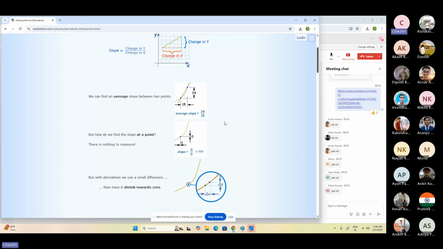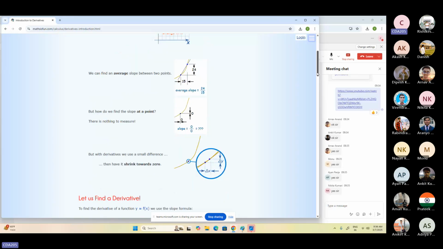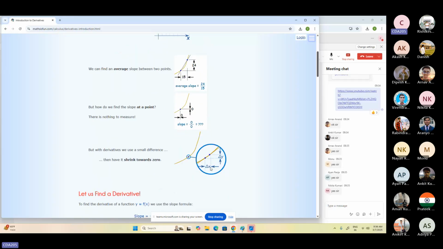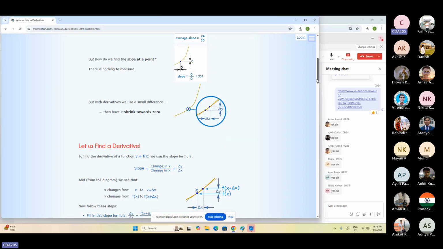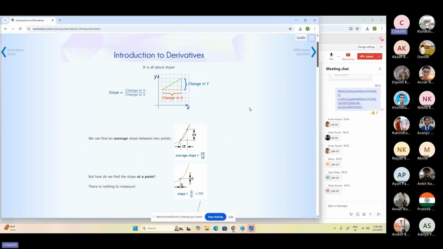But when we have to find the slope at a point, there is nothing to measure. So we have to calculate the change in y with respect to x. So this is the simple formula for the slope. Are you clear with this?